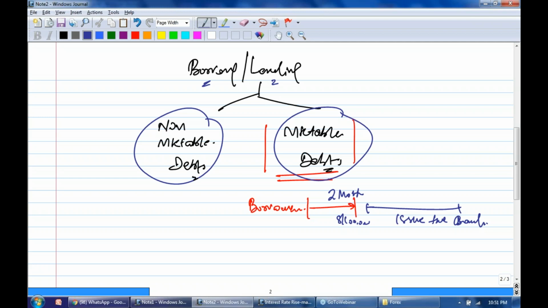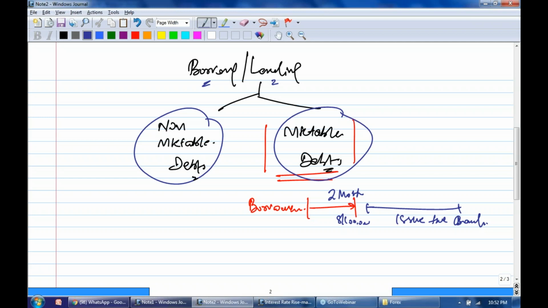But what is the risk? If during the 2 months interest rate increases, for example from 6 to 7%, and we want to issue bonds at the same 6%, then the value of our bonds with the 6% rate decreases.